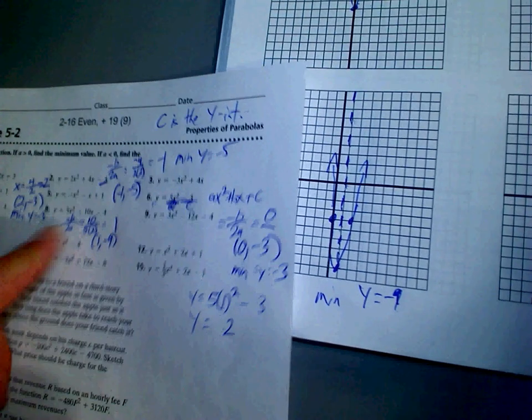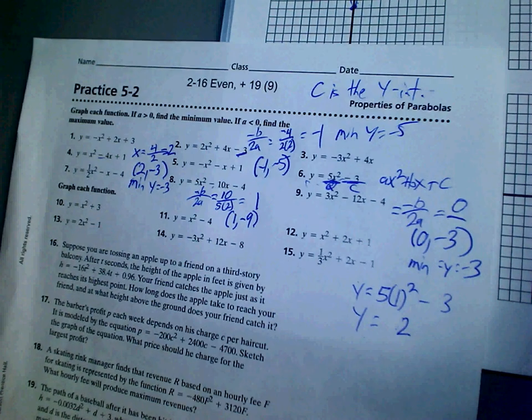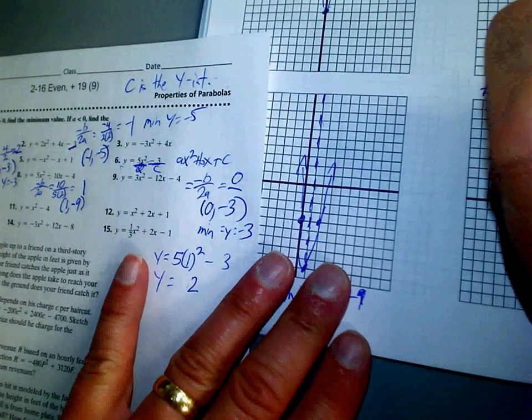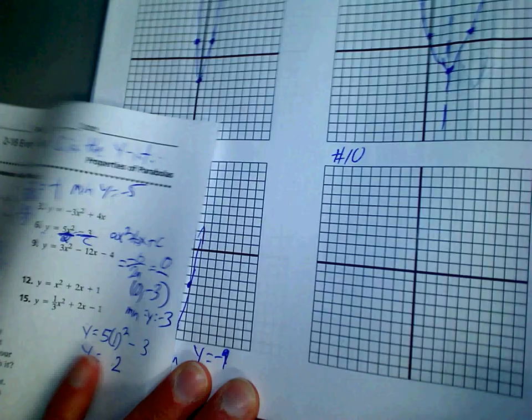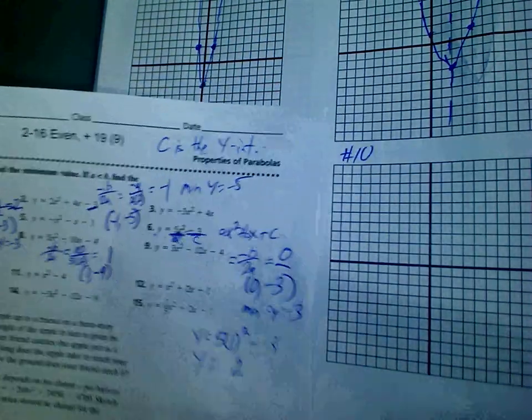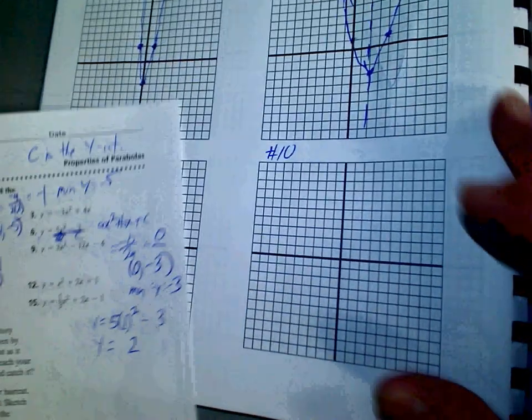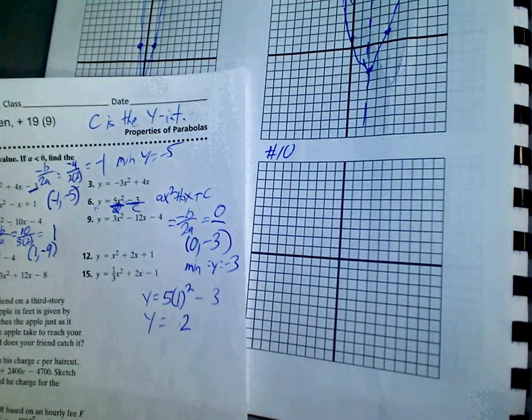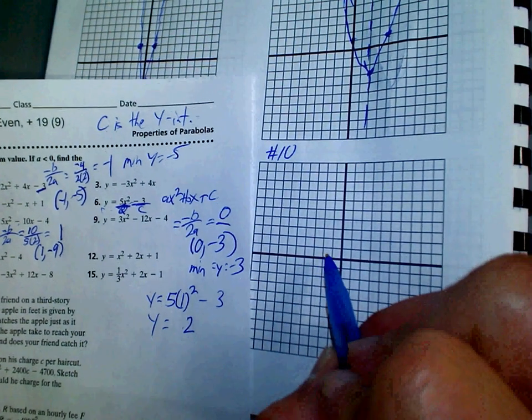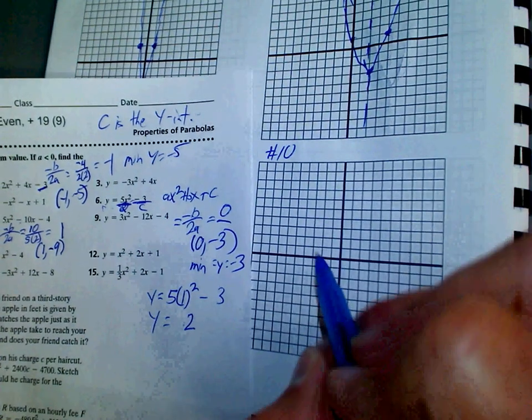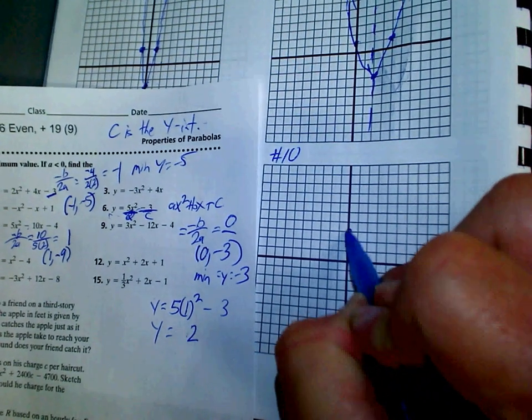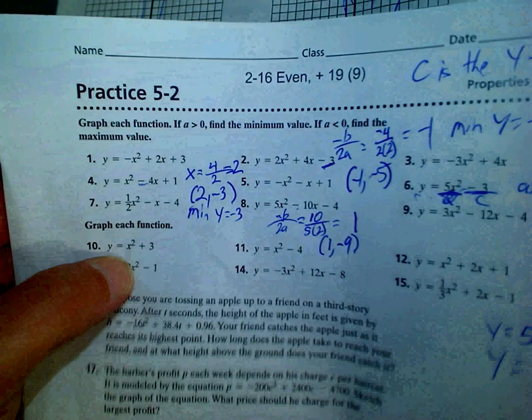All right. Put that one right here, number 10. Somebody tell me, we'll go a little bit quicker here, on number 10, where's the vertex? Zero what? (0, 3). I agree. 10 doesn't have a B again, so it's not moved right or left.